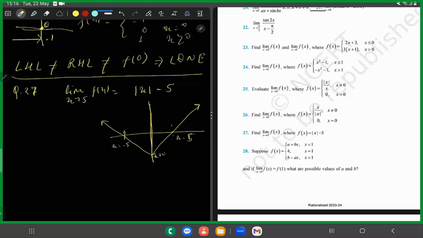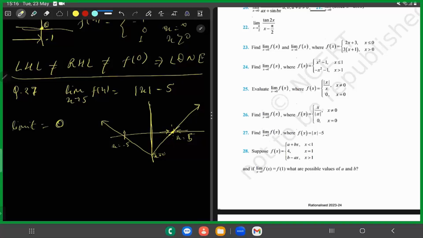You can see that as we approach x equal to 5 from the left hand side or the right hand side, we go closer and closer to 0. From both sides we get the same result, so this limit is simply equal to 0. In this case the limit actually exists because the function is continuous.